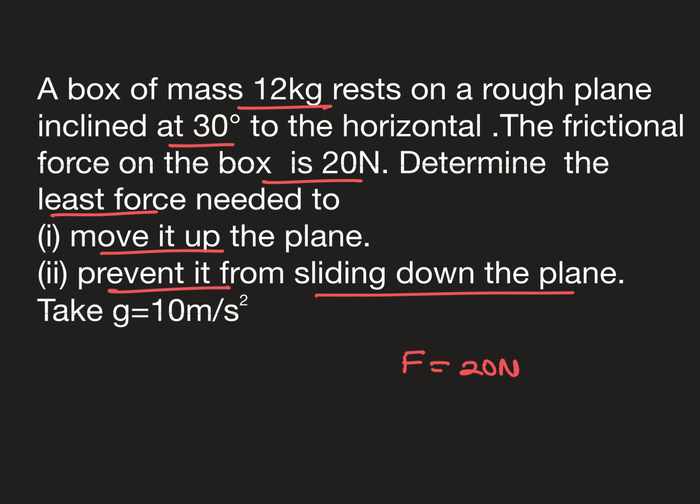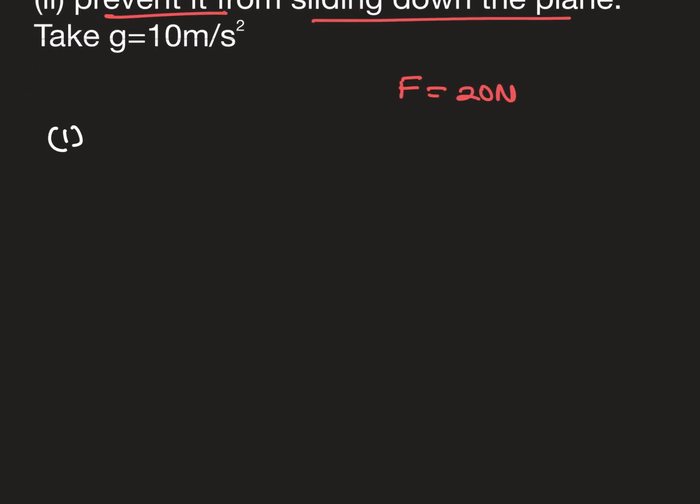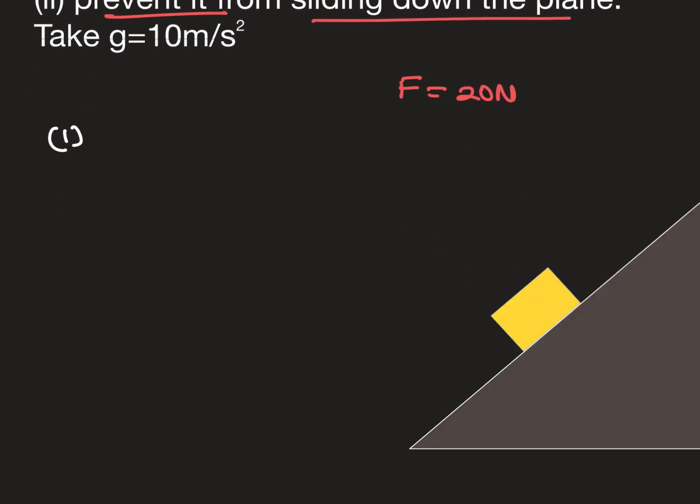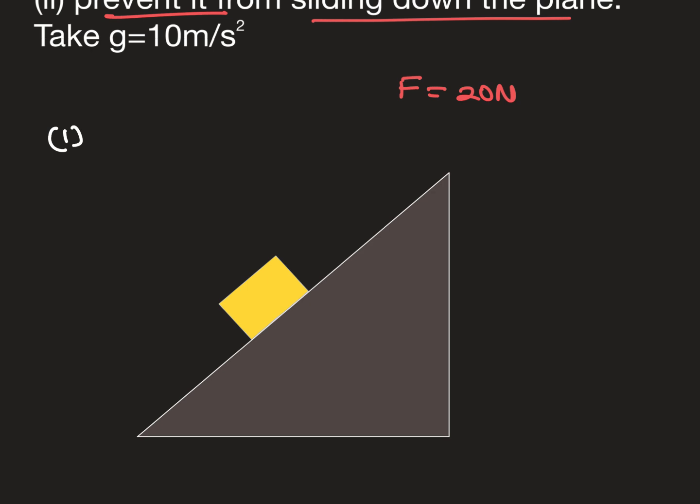So let's first try to analyze the first situation. We want to find the applied force needed to move the box up the plane. Okay, the first one is the box is going to move up the plane. So if this is the diagram and the box is to move up the plane, it means the applied force is acting upwards. They want us to find that. So it means that the friction has to act in the opposite direction. So let's indicate the downward forces.